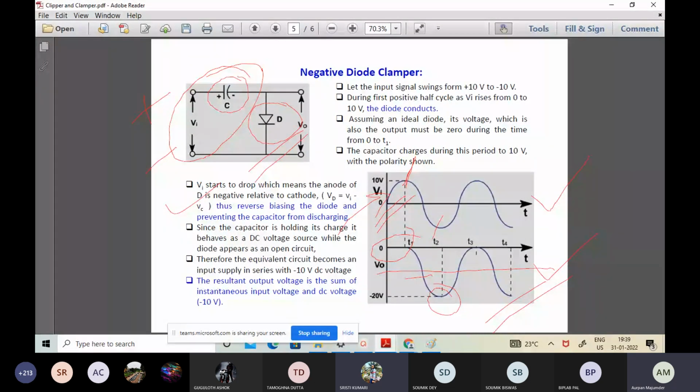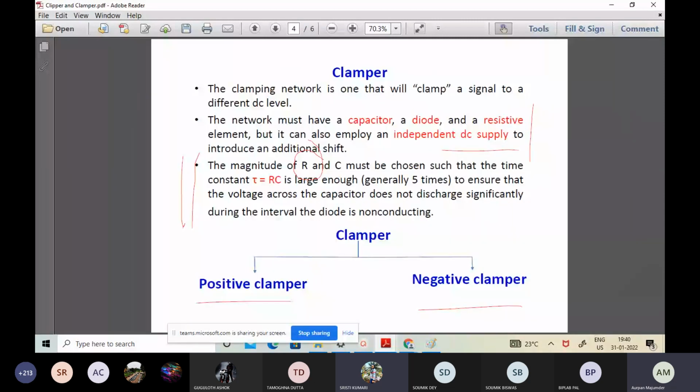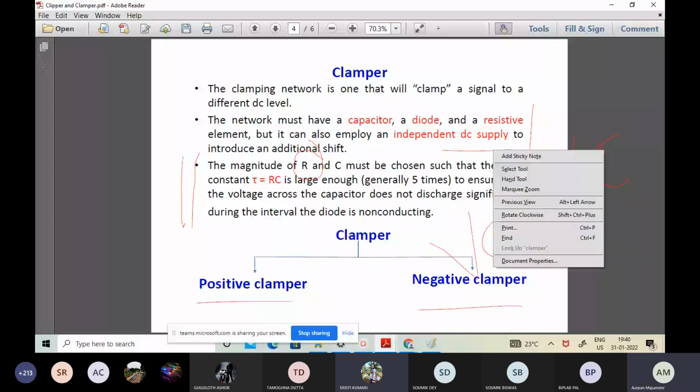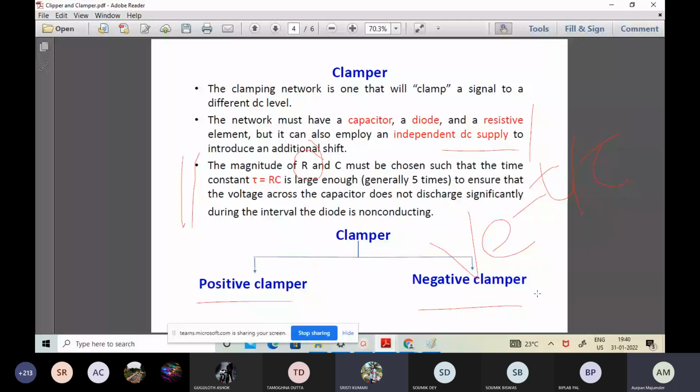Look at the factor C. What did I mention in the earlier screen? The magnitude of R into C denotes the time constant of the circuit. So when the capacitor discharges, it discharges with the time constant tau equals RC, R into C. And the equation is e to the power minus t by tau with some initial potential V from where it starts off.